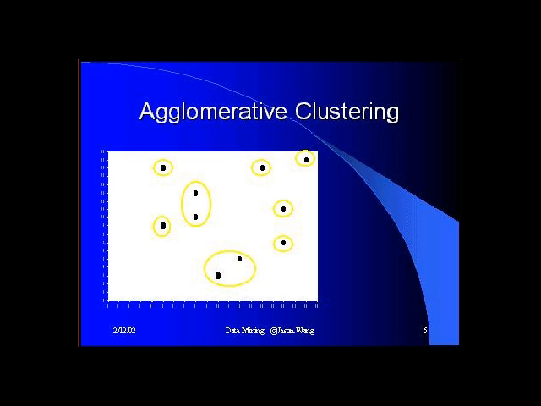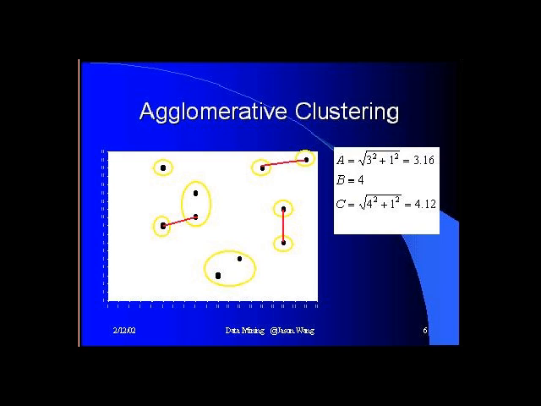Now I just try to find some close clusters. So I calculate distance. This is distance value A, distance value B, distance value C, A, B, C. And I calculate the distance values. And A is the smallest. Okay? Now, notice here that the distance between these two clusters that I'm pointing out right now, can you see this clearly? The distance between these two clusters is defined as the distance between these two data points, as I said already, right?